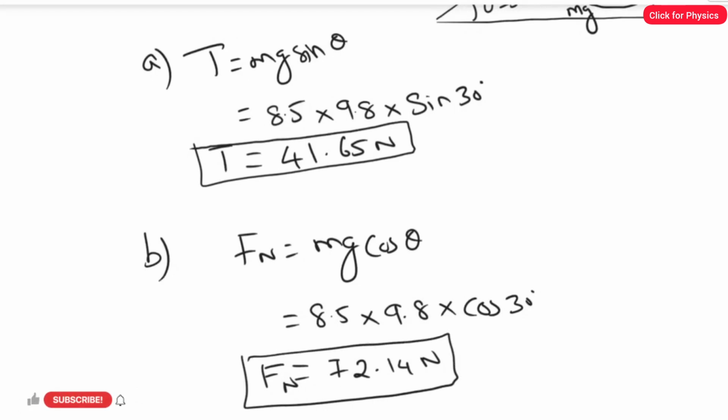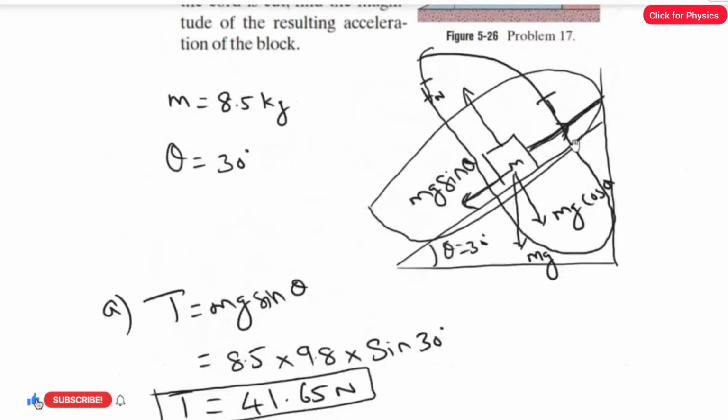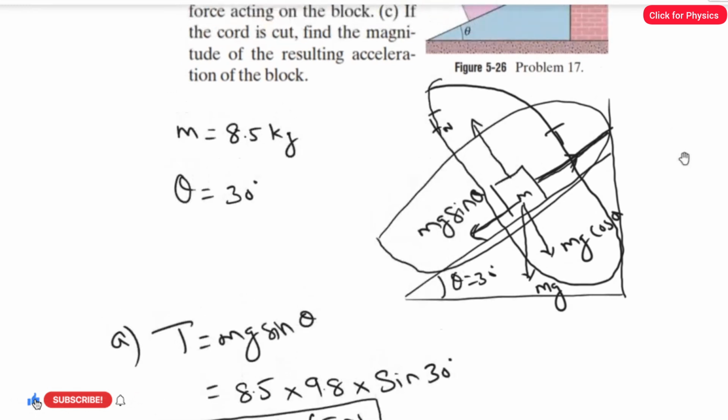Now in the third part, what they said is, if the wire is cut, what will happen? The block will be accelerating in the direction of mg sine theta. But they ask you to give the answer as the magnitude of the acceleration. That means we have to consider the direction. If you see this diagram, this is the direction of the positive x-axis and this is the direction of the negative x direction.